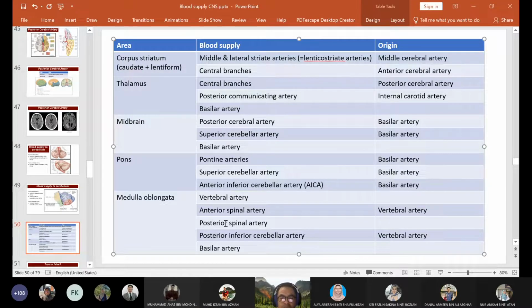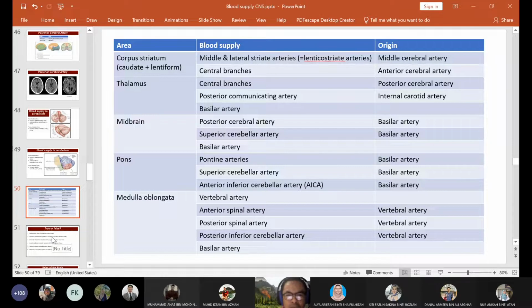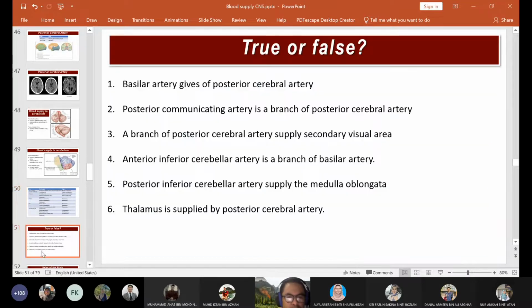Anterior spinal, posterior spinal is all making sense because they just come off from the vertebral artery. Also part of the basilar artery as well, also supplying the medulla oblongata. So you can go through this and see. It should be easy enough actually. I did this to help you, so you probably go through the table afterwards.